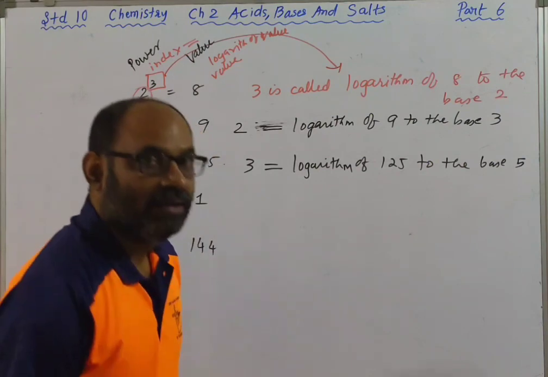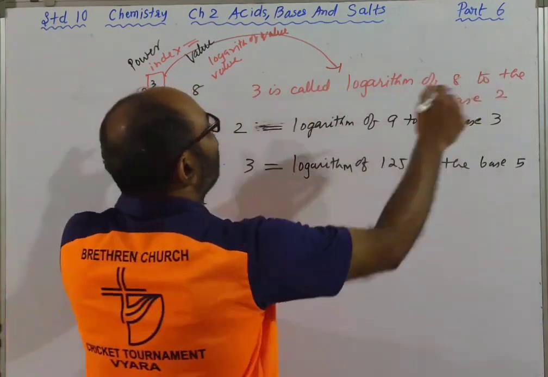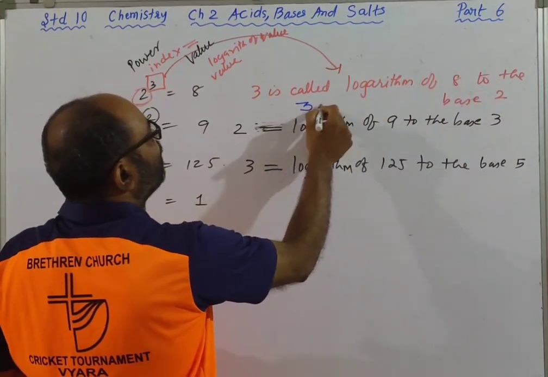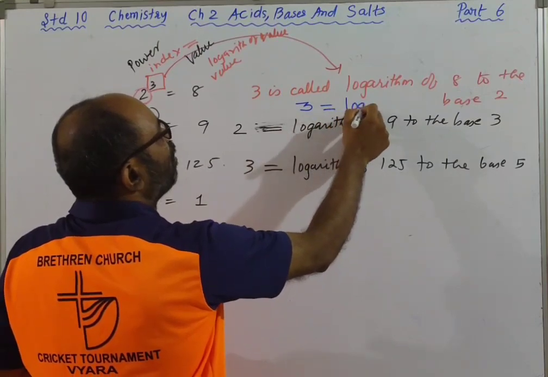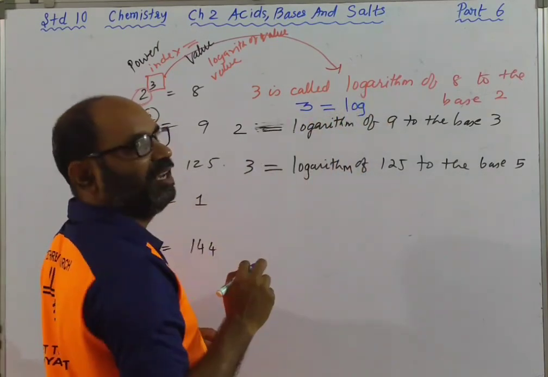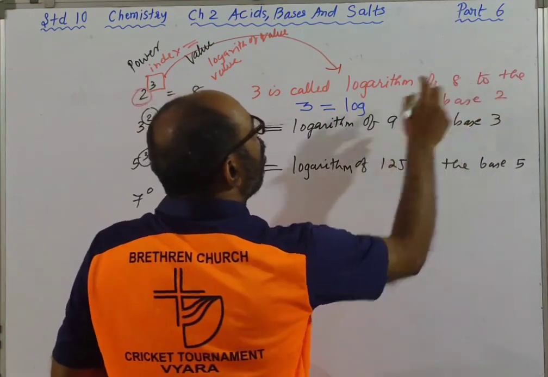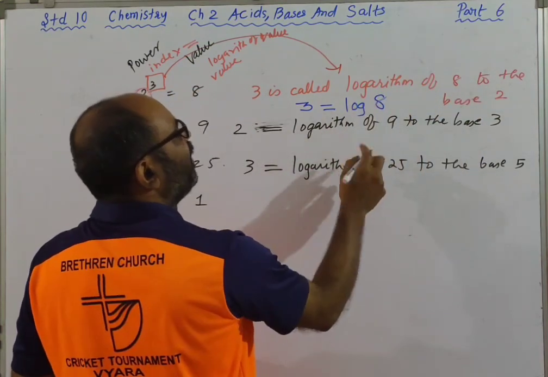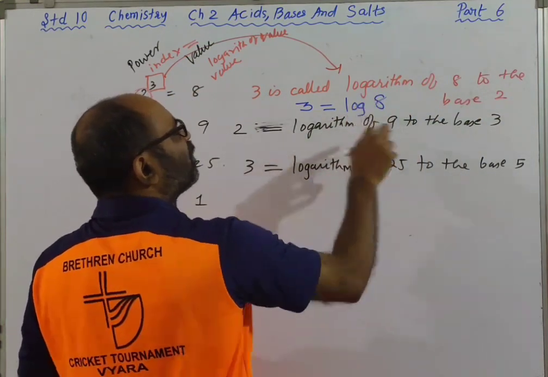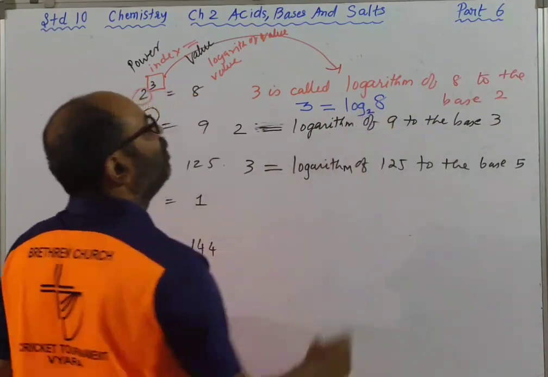Now children, instead of writing it so lengthy, 3 is equal to log, logarithm, I use 3 letters, log of 8, and here in the subscript of log we write the base 2.